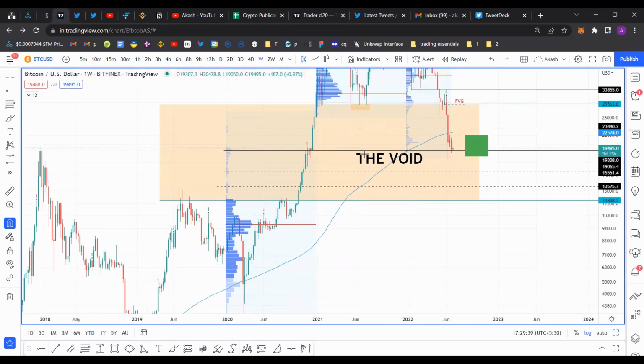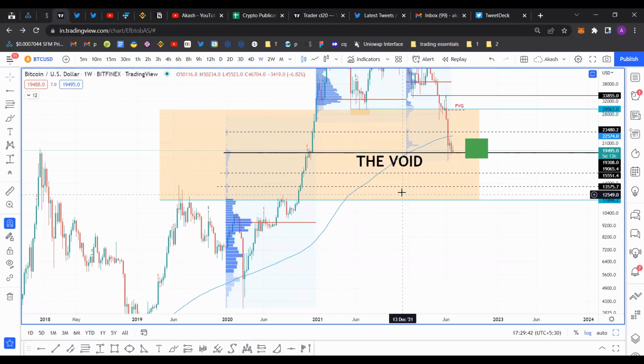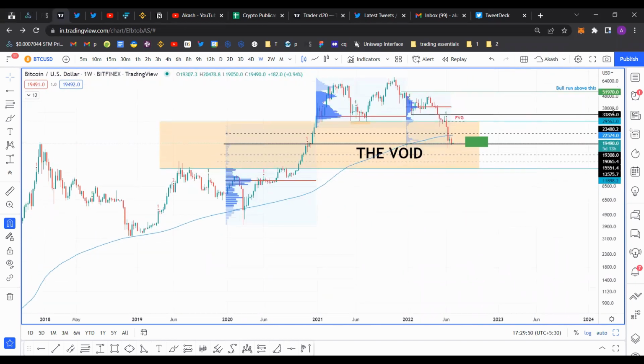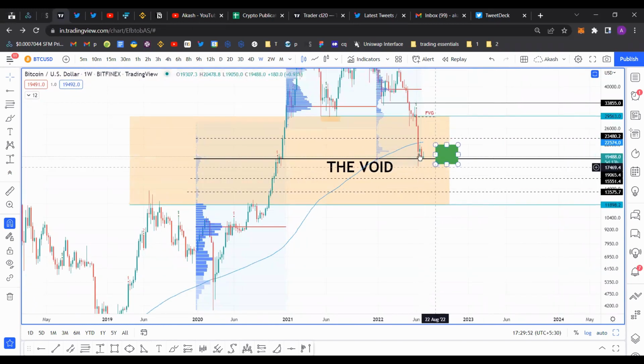But eventually the void has to get filled. And I feel like the best way Bitcoin price could do that is by retesting the 11.9K level here. So yeah, basically keep a close eye on the 19,000 level. Once we get a breakdown of 19K on a weekly time frame, that's where you basically short all the altcoins.